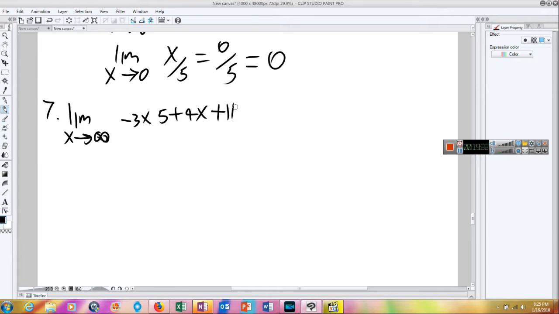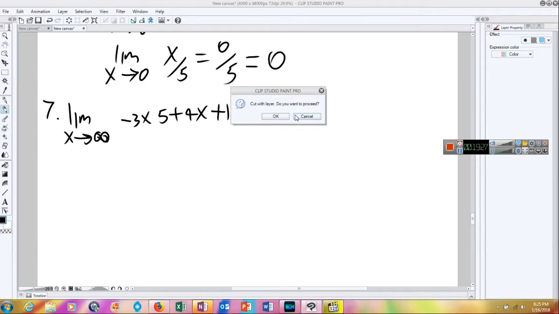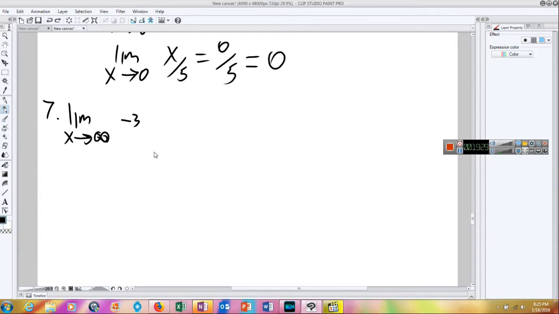Hold on, that's not 3x. Cancel. That's not 3 times -3 times 5. That's -3x to the 5th power plus 4x plus 11. So we have to do the same thing we did with the last one, where we look for the highest power and factor it out.